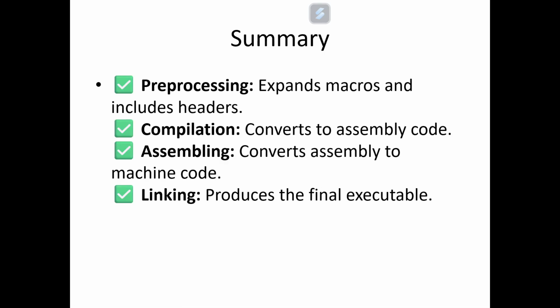You can see we have done preprocessing, then compilation, then assembling, then linking. All these things are done at one go when you type in only g++ and the file name. So this video shows you how to go step by step and see the intermediary files produced by the g++ command.